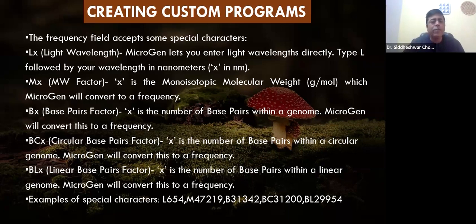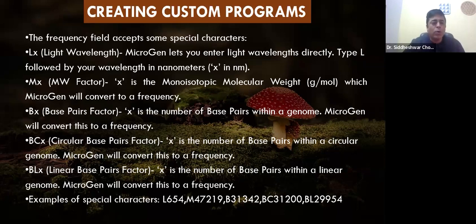Then you can convert molecular weight to frequency. So capital M is the prefix followed by X, which is the monoisotopic molecular weight in gram per mole. So you can get this data easily, and you can convert any molecular weight to frequency. HeaWea does that for you.